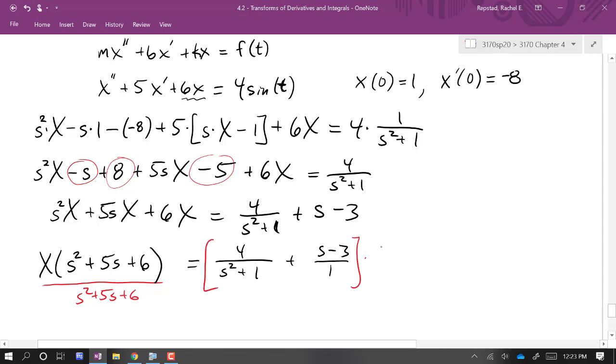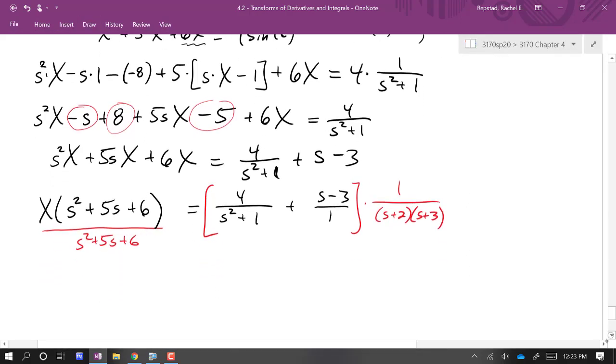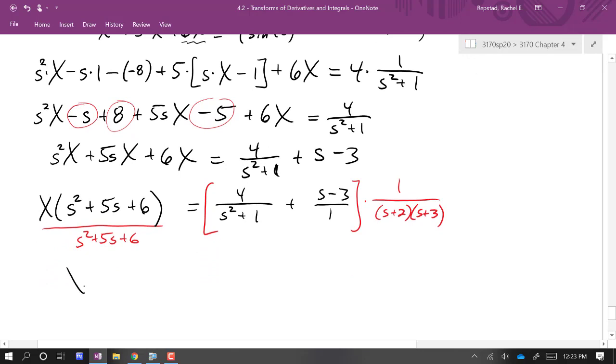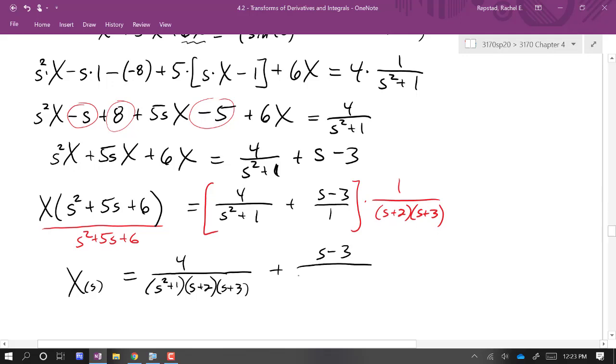So I'm going to be multiplying by 1 over, and if you factor that, it's s plus 2, s plus 3. So we have X of s equals, distributing that 1 over s plus 2, s plus 3 on the right side, we get 4 over s squared plus 1, s plus 2, s plus 3, plus s minus 3 over s plus 2, s plus 3.